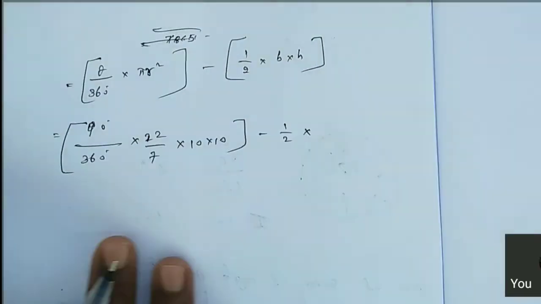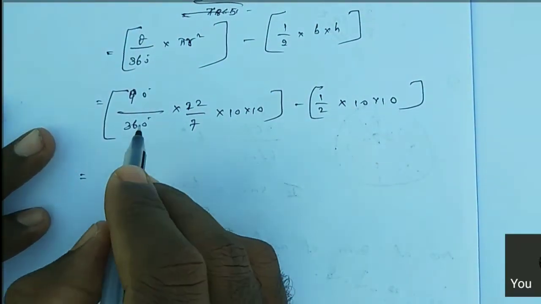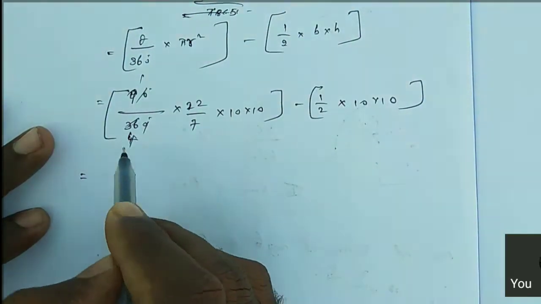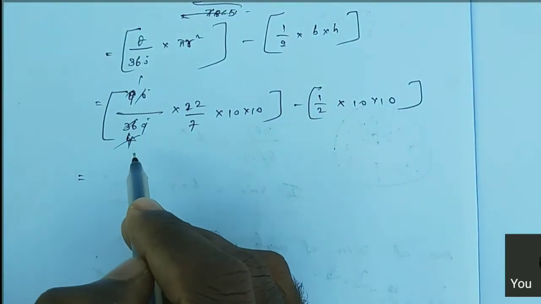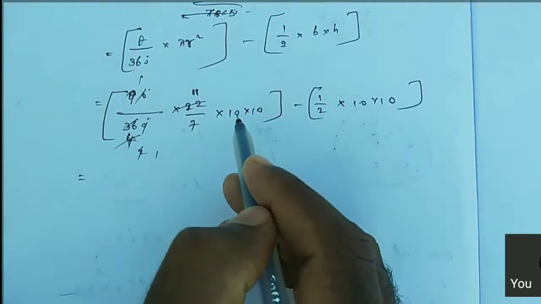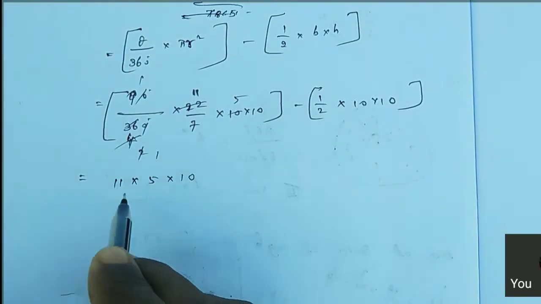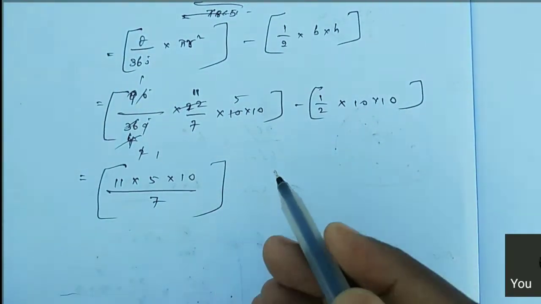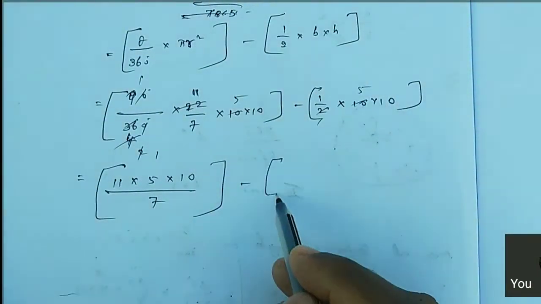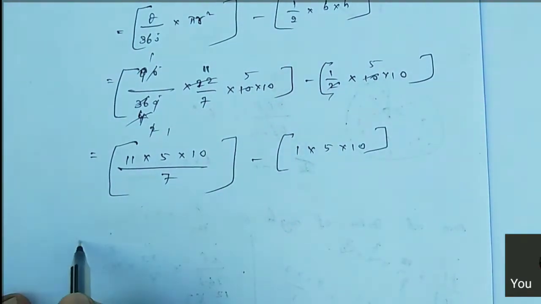So we can substitute the values. 10 into 10, now you can cancel it. 0 0 cancel. 1 9s are 9, 4 9s are 36. Next, 2 4s are 11 times, and 1 2s are 5 times. So 11 into 5 into 10 by 7, minus 1 into 5 into 10.